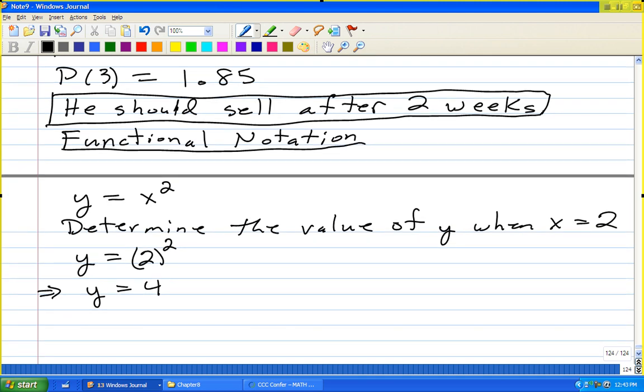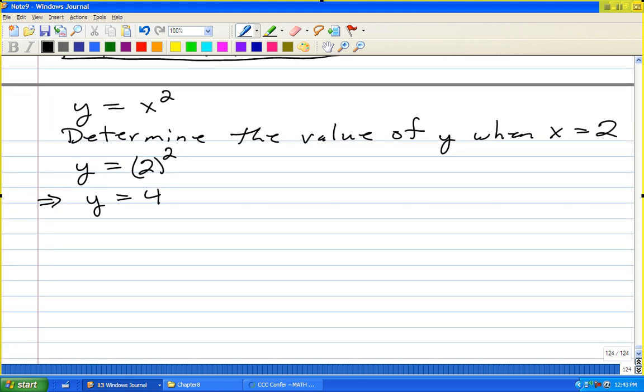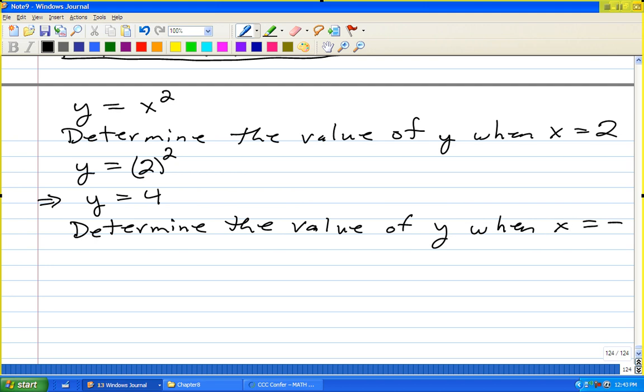Now suppose I ask you to determine the value of y when, let's say, x equals 3. Well, again, you would just replace x by 3, and so you get y equals 9. This is all nice and fine, but maybe there is an easier sort of notation.